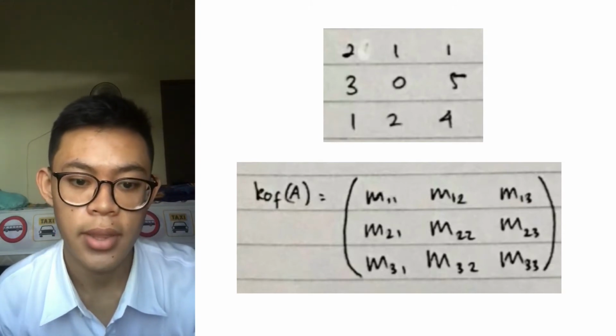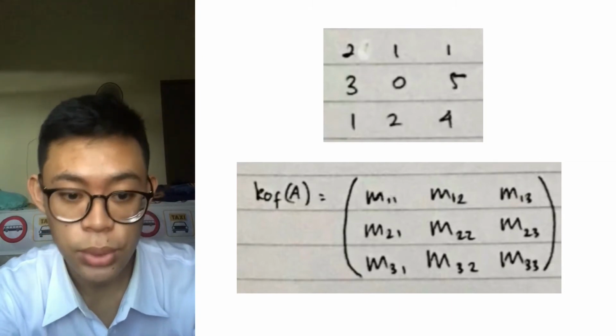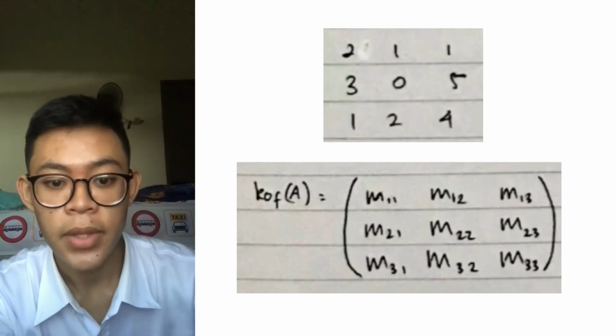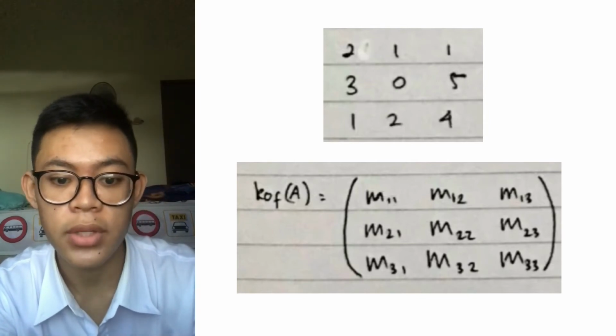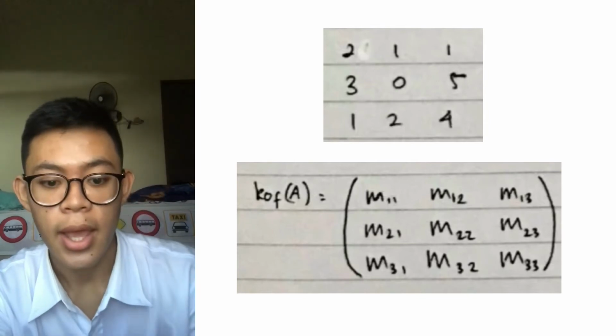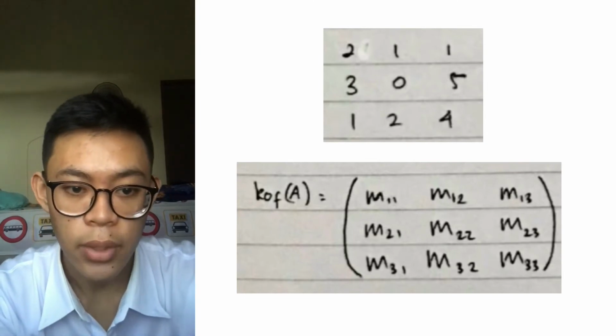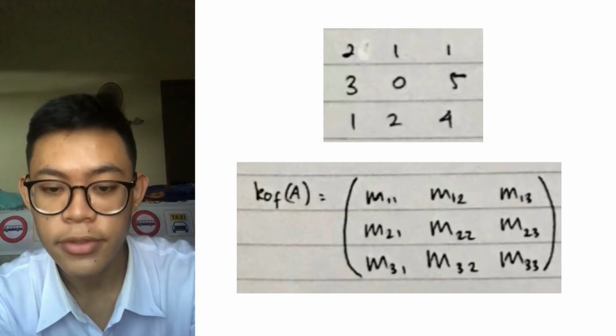So if the formula is M32, just like the one in the third row, second column, M32, this means that we have to remove the numbers on the third row and second column. So that will be 2135, like that.